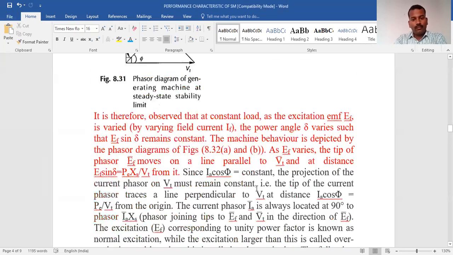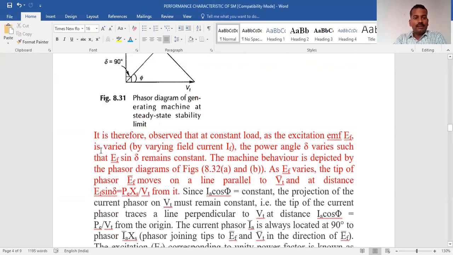Now you can say it is therefore observed that for constant load, as the excitation EMF EF is varied by varying the field current IF, the power angle delta varies. If the EF changes, automatically the power angle delta varies, so that the product EF sin delta will be constant.